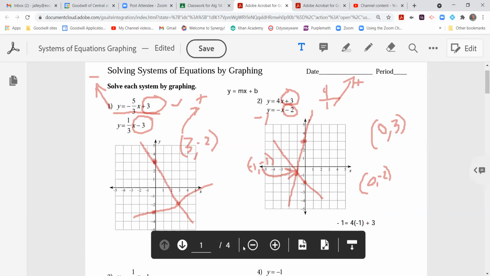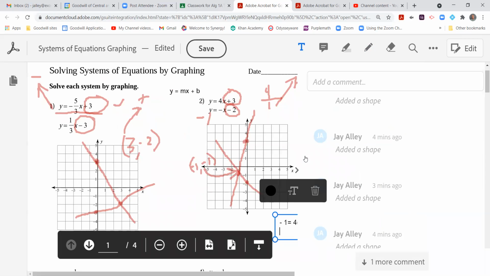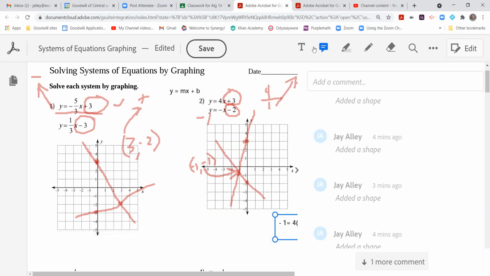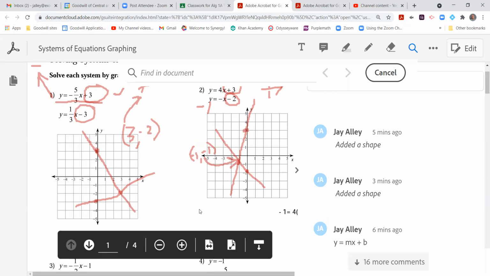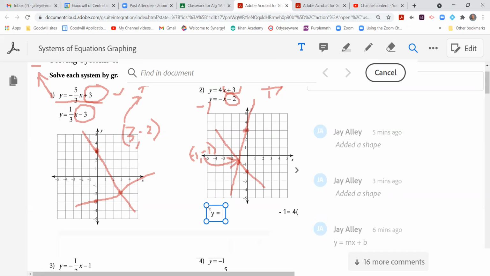Now the other one. Again, my solution is -1, -1. The other equation is y equals -x minus 2.